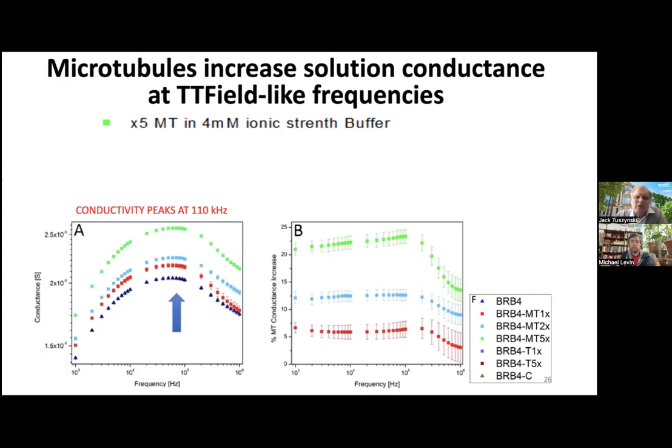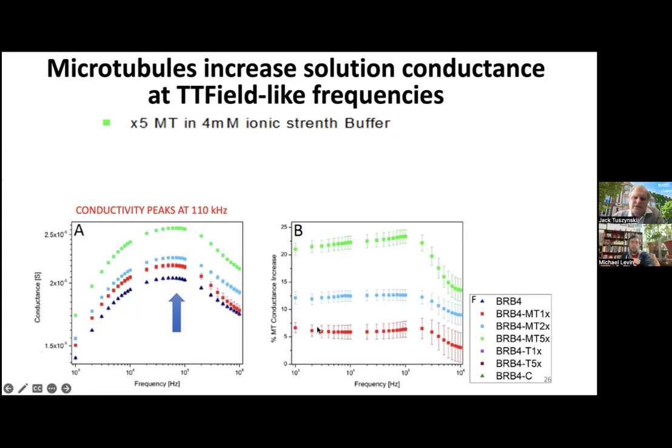And by the way, we compared tubulin to microtubules, in other words, unpolymerized protein to polymerized, and there was a big difference, with the same amount. But forming polymers increases conductance here. Green is microtubules. And also the conductance increases with the number of microtubules, but maybe not proportionally.